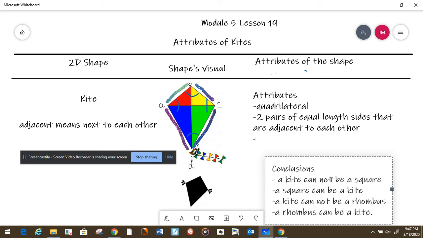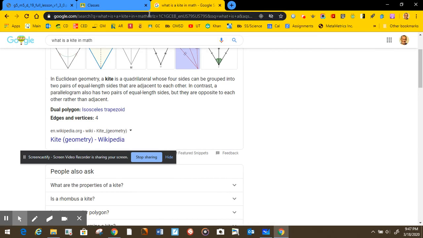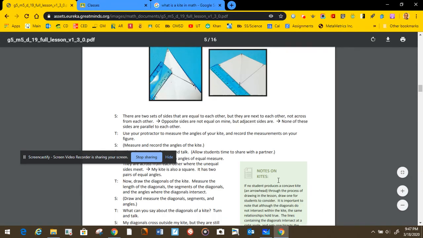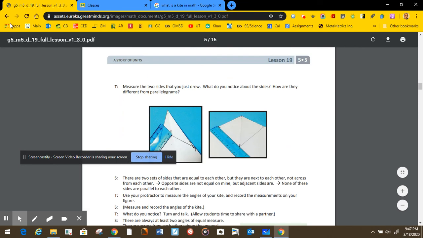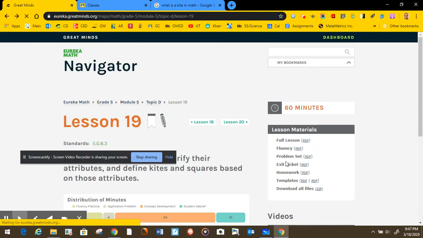And you're going to ask yourself, where is Mr. Magno getting all these ideas about whether the kite is a square and the square is a kite? Well, if you look in your Learn practice book, you're going to see this template.